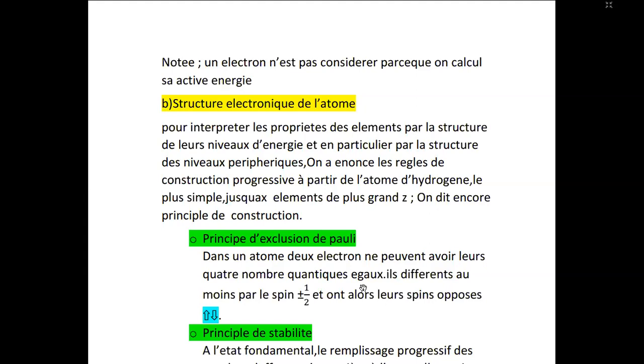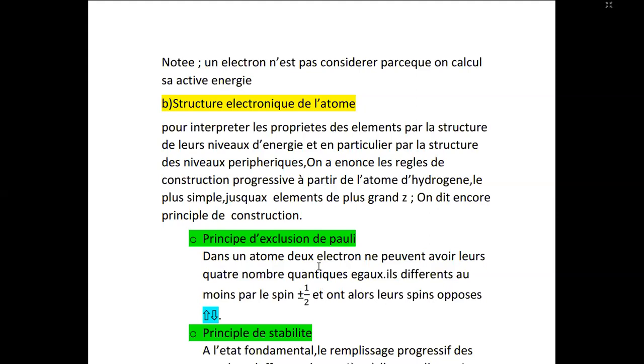I'll definitely give you guys some questions if I find any. You should know that in an atom, 2 electrons cannot have all the nombres quantiques equal. They can have the N equal, the L equal, the M equal, but one must be different.